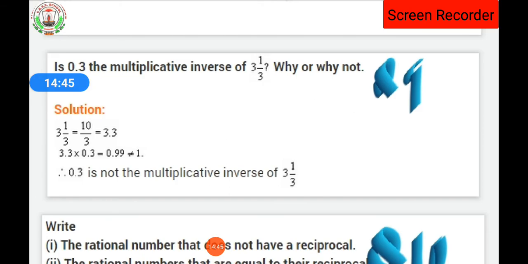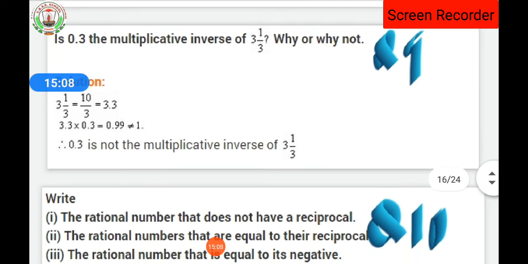So when 3.3 is multiplied with 0.3, the answer will be 0.99. But the answer should be 1, according to the multiplicative inverse property, but the answer is 0.99. Hence we can say that 0.3 is not the multiplicative inverse of 3 1 by 3.